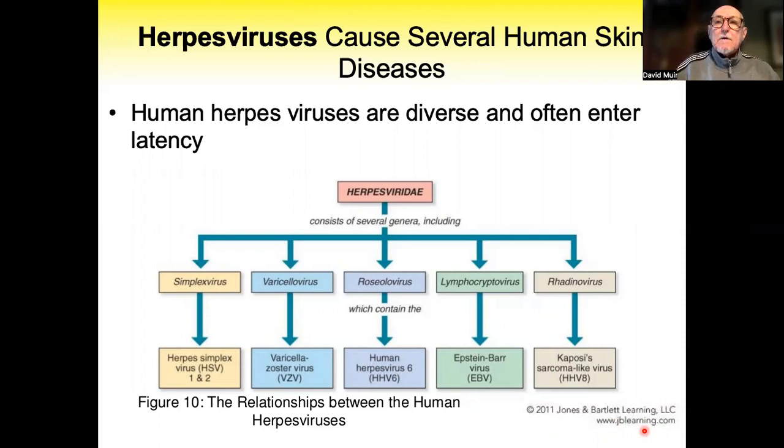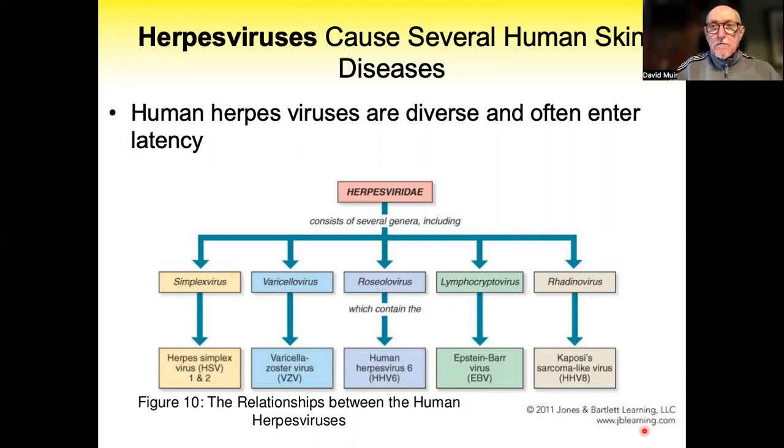But in general, they do not cause life-threatening illnesses except in special circumstances. The herpes viruses are a very large and diverse group of viruses. And one of the characteristics is that they very frequently, after an initial acute infection, will form a secondary latent infection, which may or may not revive as an acute infection.